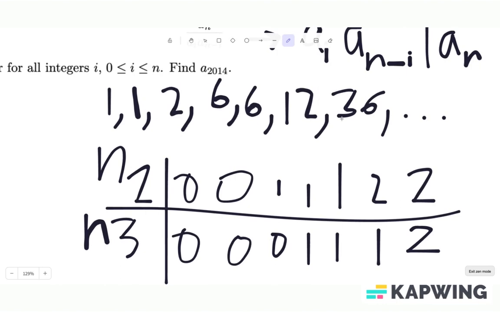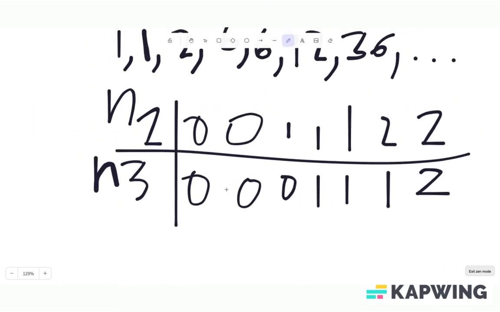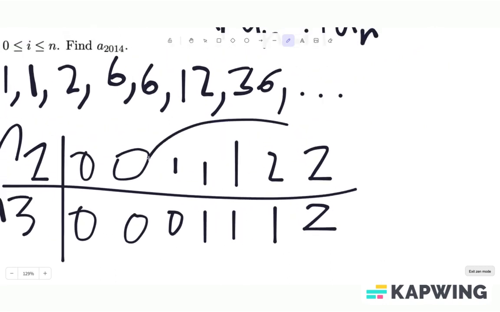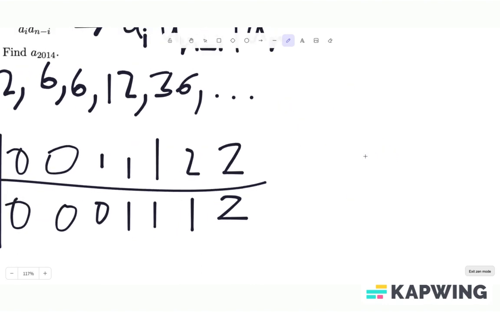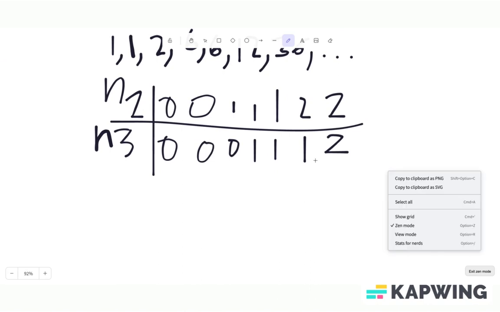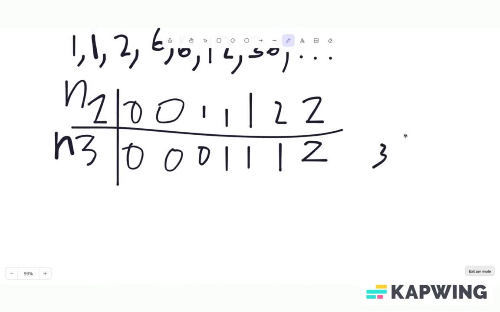If you multiply those two numbers, you're adding the powers n sub 2 and n sub 3 in their factorization. So 0 plus 2 is 2, so 2 to the 2 must divide a sub 7. Then you find the largest of all the sums as you go inward, which represents the largest power of 2 in the factorization of a sub n.